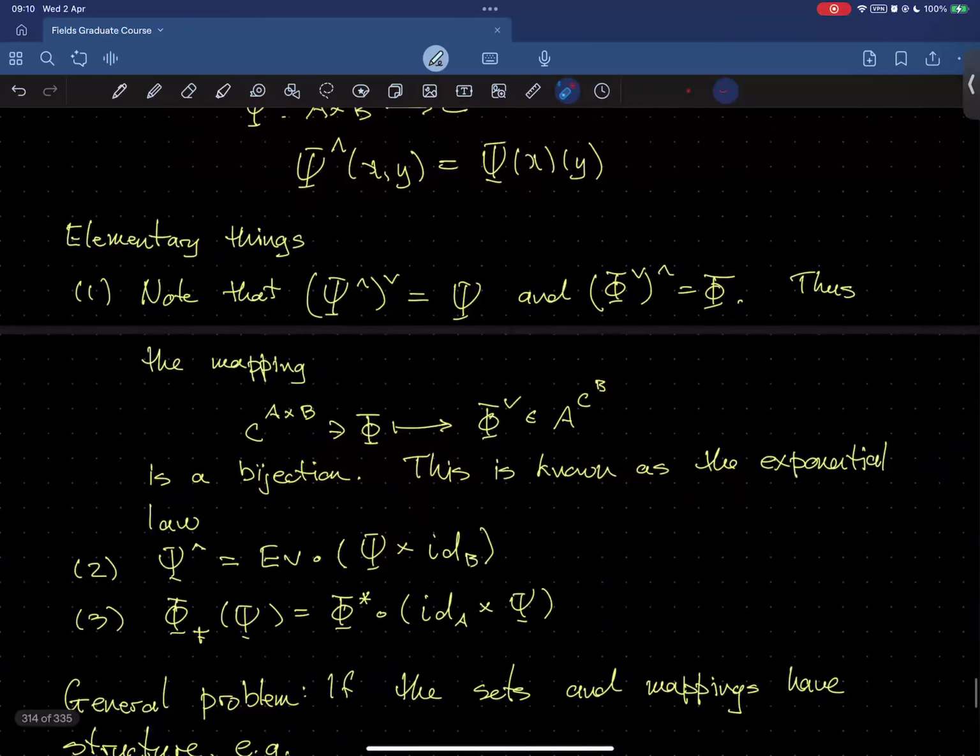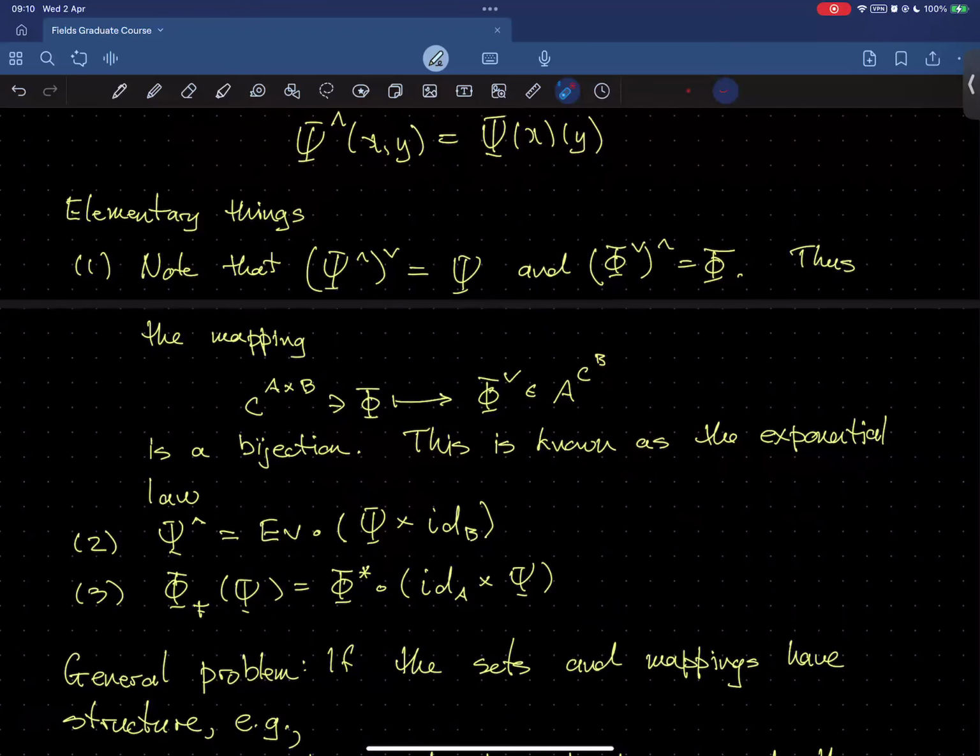Because check is the inverse of wedge, and wedge is the inverse of check, that means that the mapping which sends phi to phi check should be a bijection, because its inverse is phi wedge. So what does that mean?